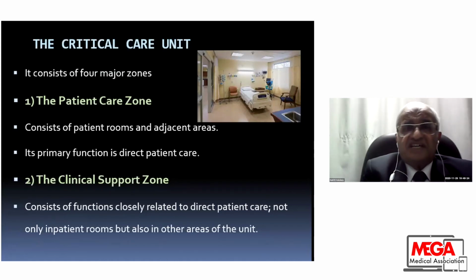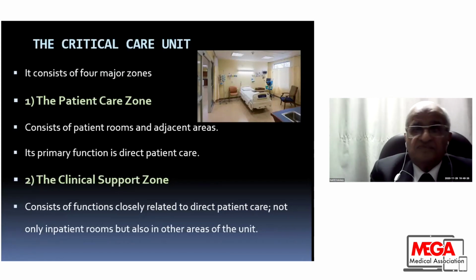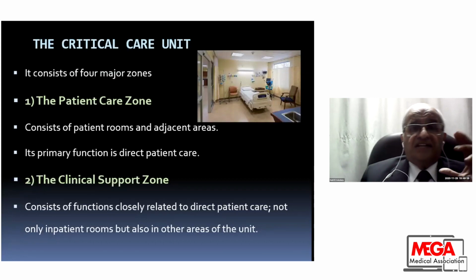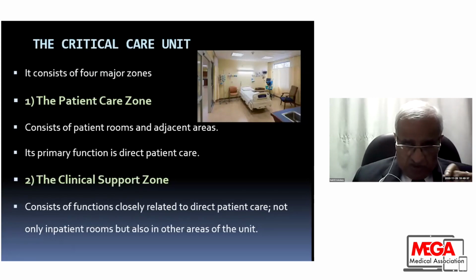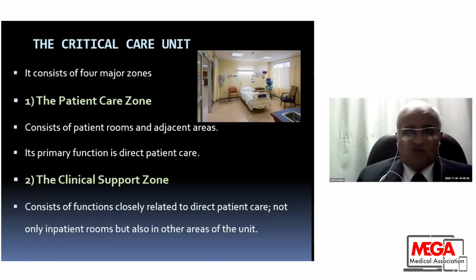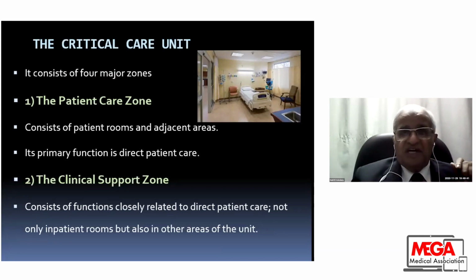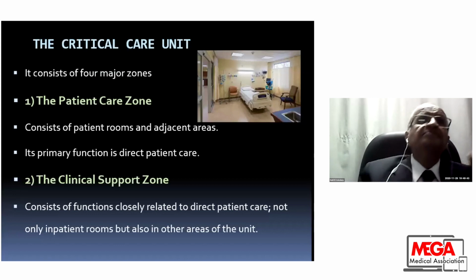Its primary function is direct patient care, while the clinical support zone consists of functions related directly to patient care, not only in patient rooms, but also in other areas of the unit.